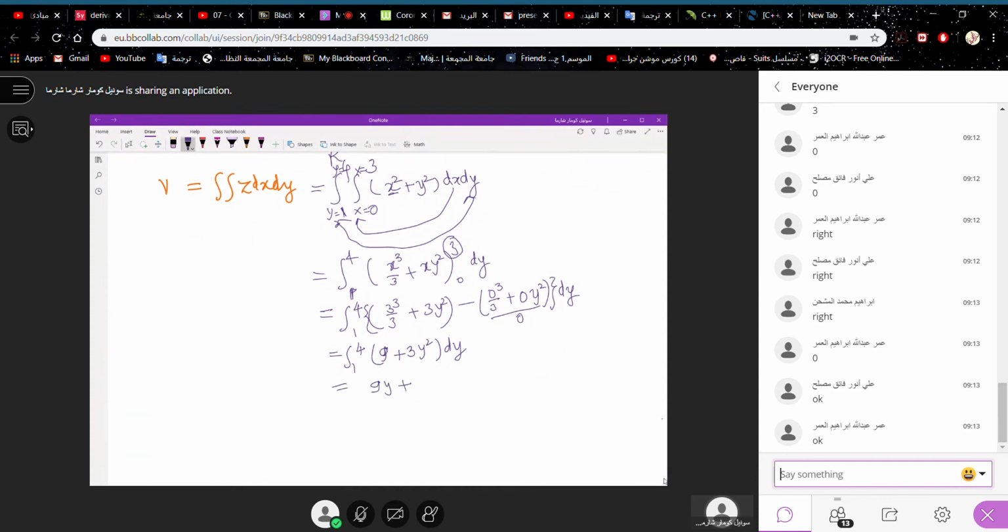This is 9y plus 3y cube upon 3, limit 1 to 4. 3 cancels. Now apply the limits: 9 into 4 plus 4 cube, minus 9 into 1 plus 1 cube. 9 into 4 is 36, 4 cube is 64, minus 9 minus 1. So this is 36 plus 64, how much? 100. 100 minus 10.